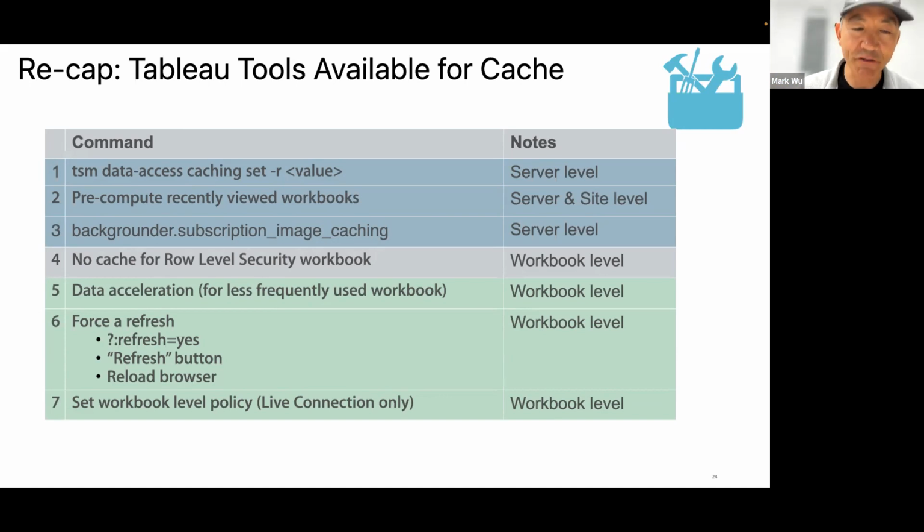They can always force a refresh by either reload, that's simple enough, or shift and reload for Safari or Mac, or type in refresh equal to yes, which likely will refresh the data. And the last one is for live connection. They can set workbook level policy.